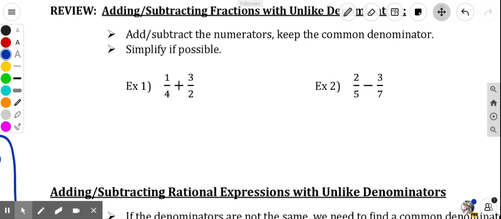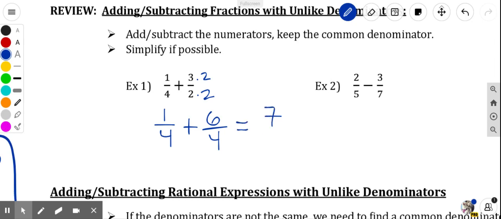The left one stays the same, and for the right one, you want to think about what do we multiply 2 by to get 4? And it's 2. So you multiply 2 by 2, and you have to do the top by 2 also. So this becomes 1/4 plus 6/4. Once you get your denominators the same, then you just add or subtract the top. So this would be 7/4. That can't be simplified, so you would just leave it as 7/4.